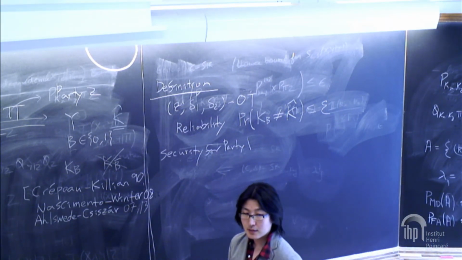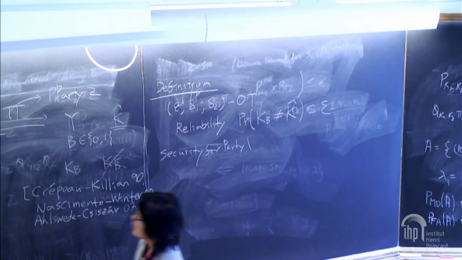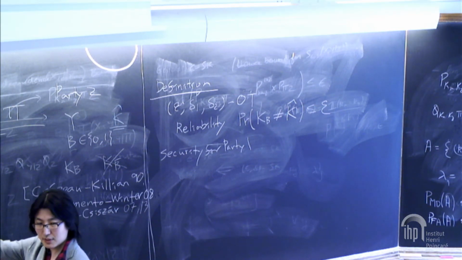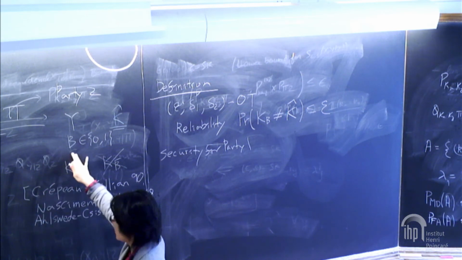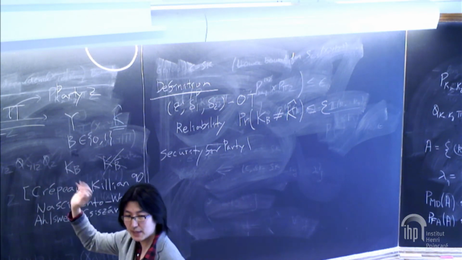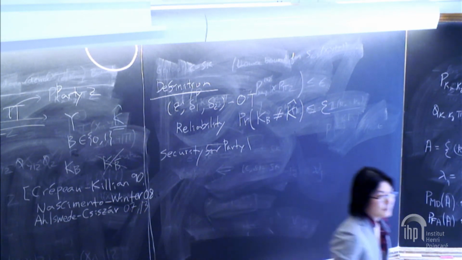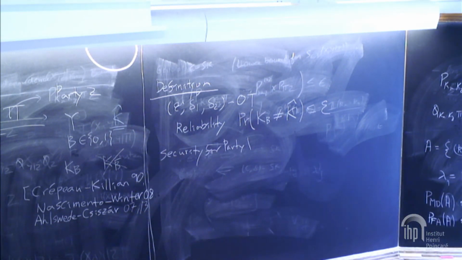Sorry, so what does that mean? So you have a joint distribution on K0, K1, and B? K0, K1 is just two independent binary strings. Let's say it's uniform. And B is also an independent uniform binary bit. Why do you assume any distribution on the input? We're doing randomized oblivious transfer.